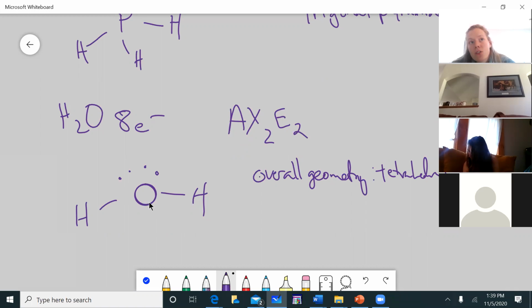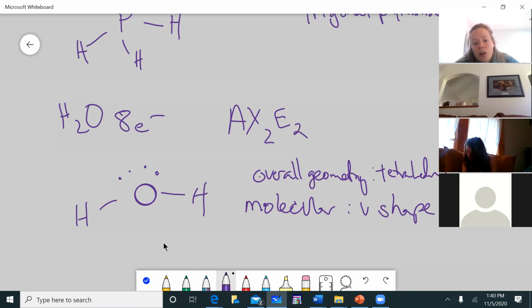But now what we want to do is take our tetrahedral, so think of it in your mind's eye, okay? You've got this little pyramid, 1 pointing up, 3 pointing down, and pop 2 of the ends off, all right? What you'll be left with is a structure that's called V-shaped or bent, all right? So we're going to say the molecular geometry is V-shaped.